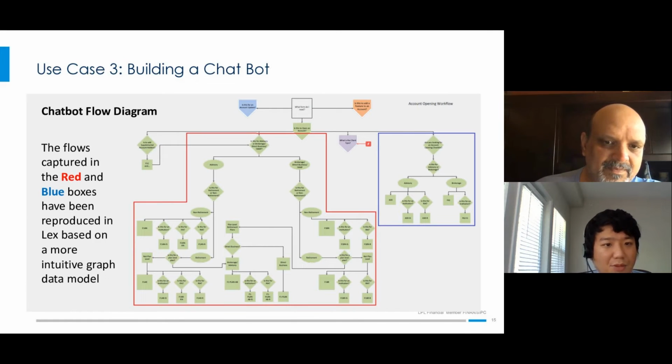In this example, the diamonds are questions that the chatbot would ask, the ovals are potential answers that the user would give, and the squares are the responses that the chatbot would give at the very end. So we were able to capture the flows that are seen in the red and blue boxes. We reproduced this model completely in Amazon Lex.